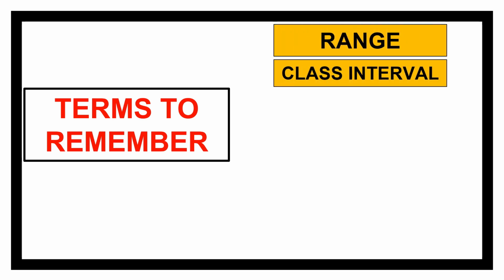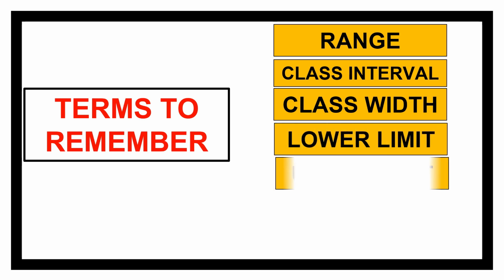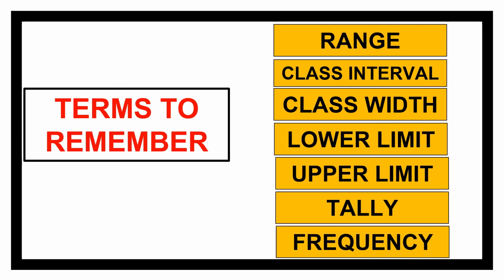Before we say goodbye, please do take note of these terms, because these are very essential as you move on to our statistics class. First is the range, second the class interval, next the class width, lower limit, upper limit, and tally, and lastly the frequency.